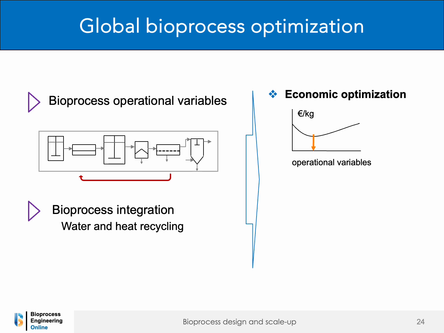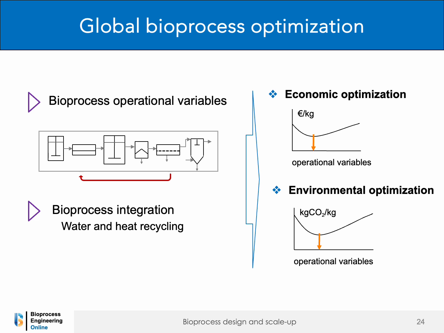Typically, process optimization is oriented towards economic efficiency, with the primary goal of achieving the lowest production cost per kilogram of the desired product. Additionally, this optimization may encompass environmental considerations, striving to minimize the impact indicators generated by the process. This dual optimization approach ensures that the bioprocess is not only cost-effective, but also environmentally sustainable.